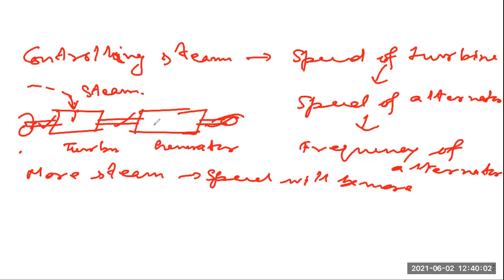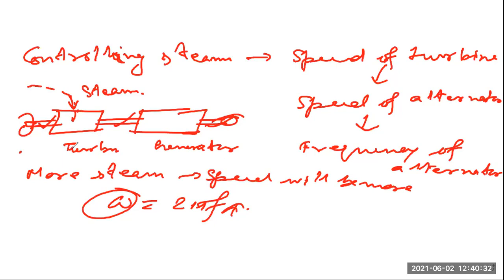So the speed of the alternator will also be more, and if the speed of the alternator is more, the frequency of the alternator will also be more. Yes or no? Yes, sir. Why the speed and frequency? Omega equals 2 pi f. If your omega is more, f will also be more. That is the main case. Omega and frequency are directly proportional. Clear?